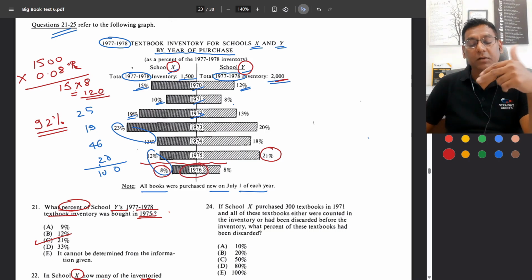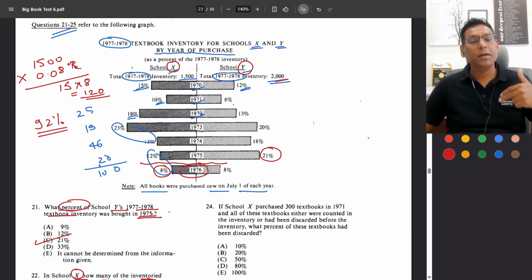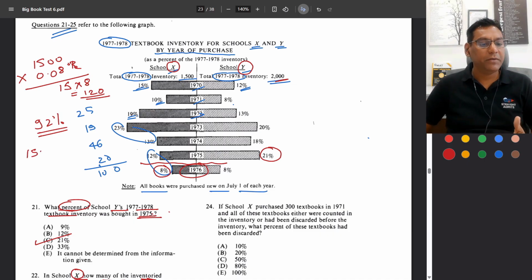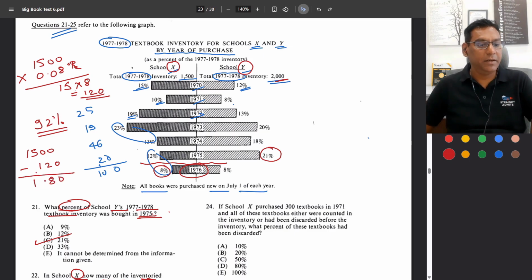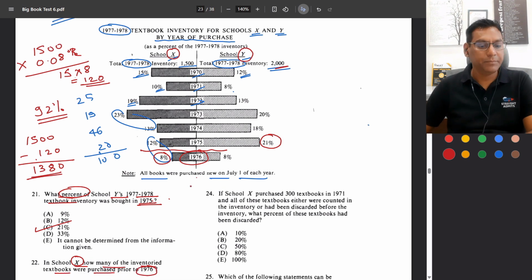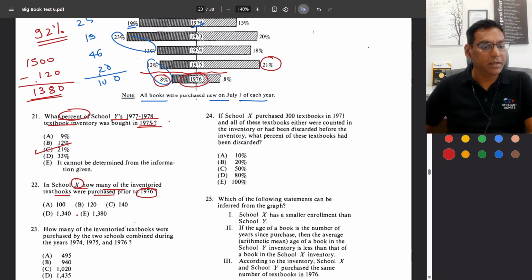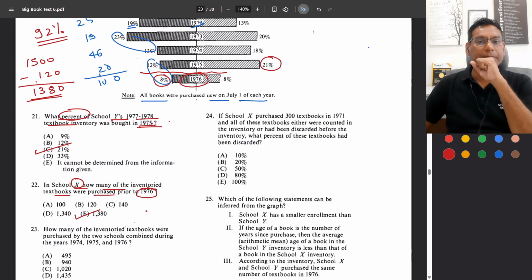How many were bought before? So that is 1500 minus 120, which is 1380. So 1380 were bought before 1976. I have 1380 here, right?